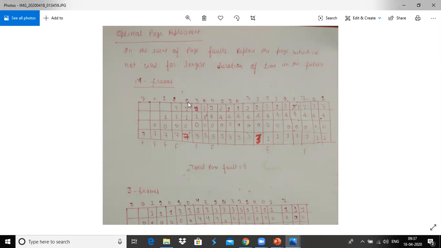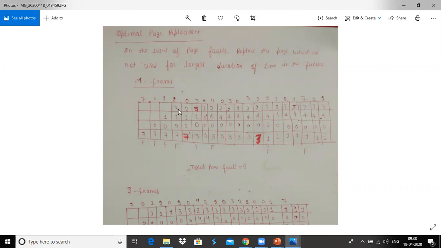Check here, after 0 it comes 3, after 3 it comes 0, after that 4, 2, 3, 0, 3. See here, at all the frames, page number 7, page number 0, page number 1, page number 2 are existing in the frames.